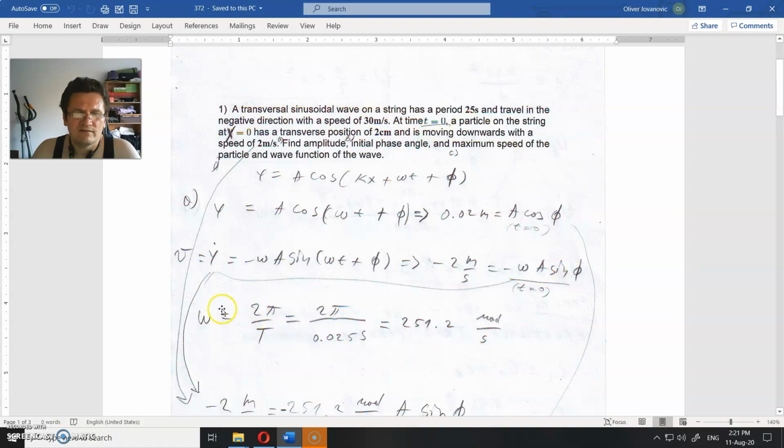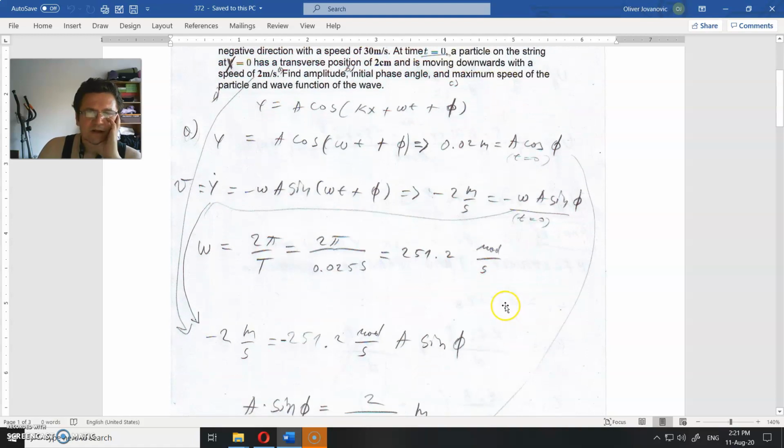Okay, and we have this in the assignment. So this is the period, 0.025 seconds, and from there angular frequency is 251.2 rad per second. So what is this? This is this.